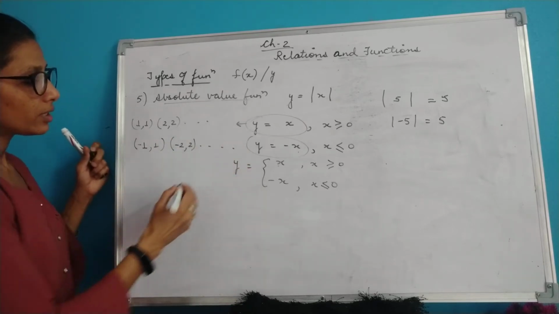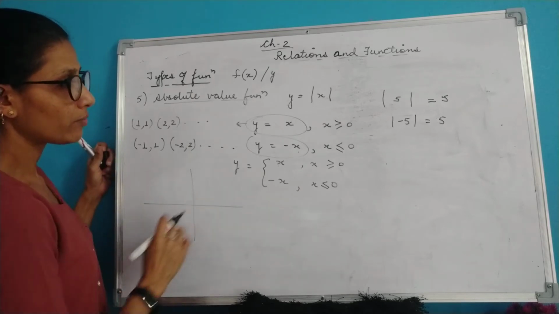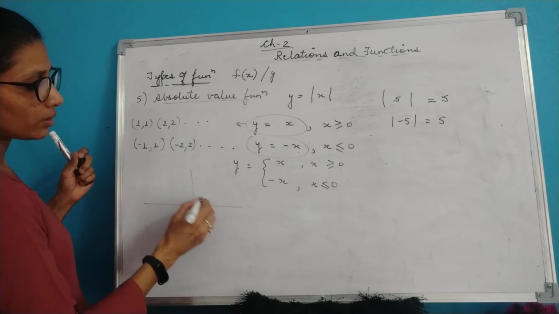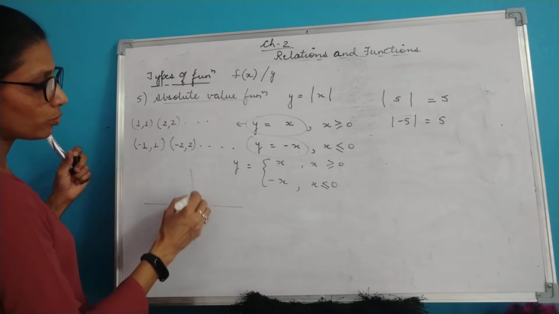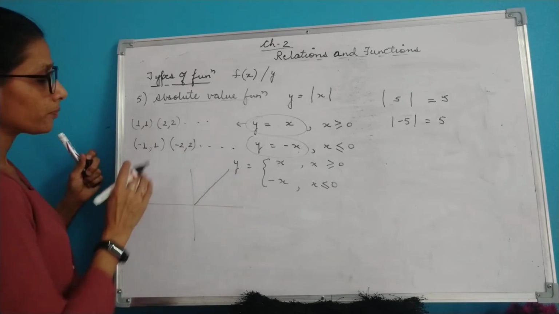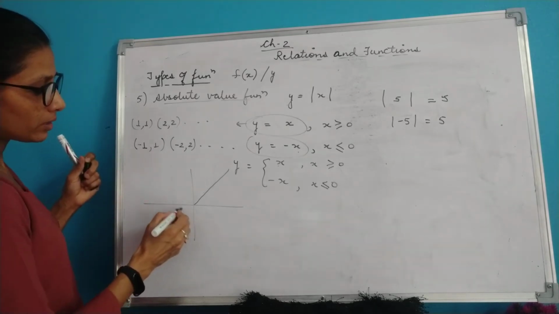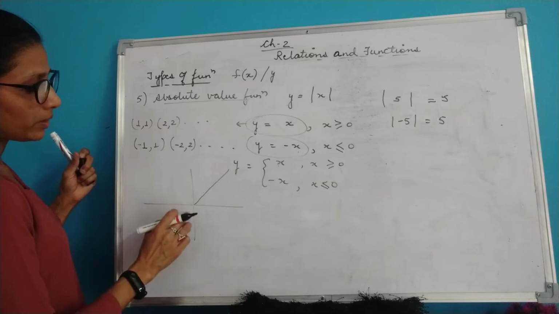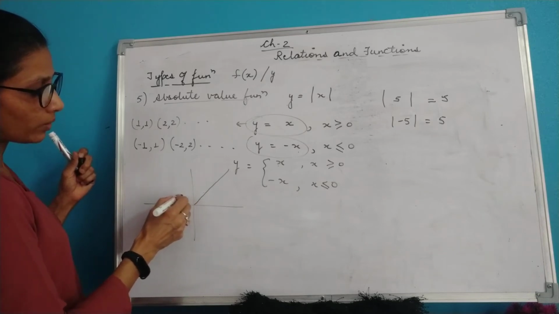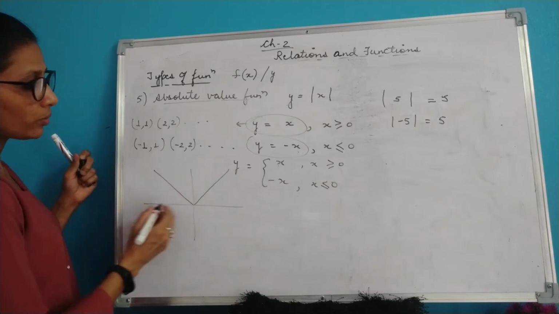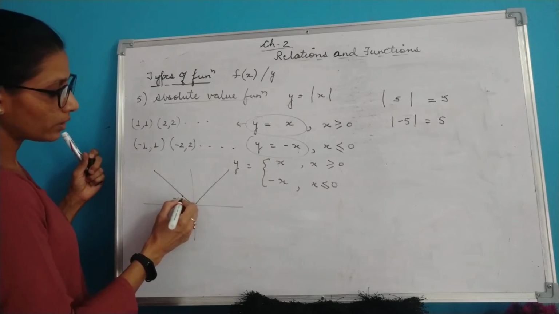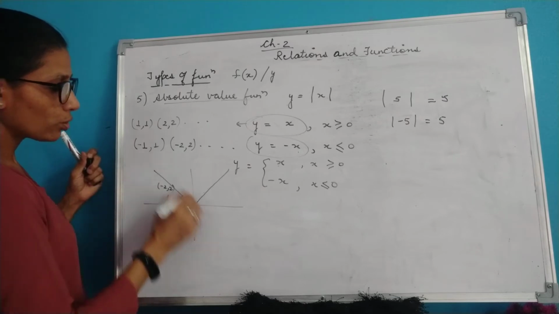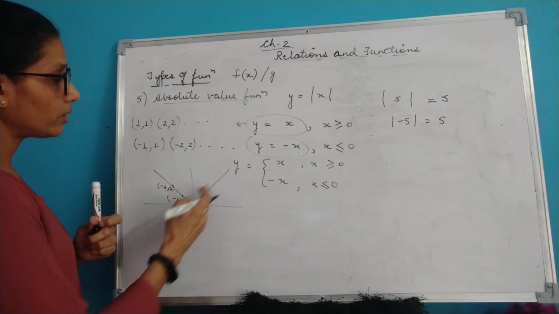So if we see it graphically, if we draw the graph of y equal to x and y equal to -x, then if it is 1, it will be 1. If it is 2, it will be 2. So you will get a straight line over here. Next, if it is -1, then it will be 1. So -1 and 1, that means you will get the point here. Again this will be -2 and 2. So you will get a graph in V shape.